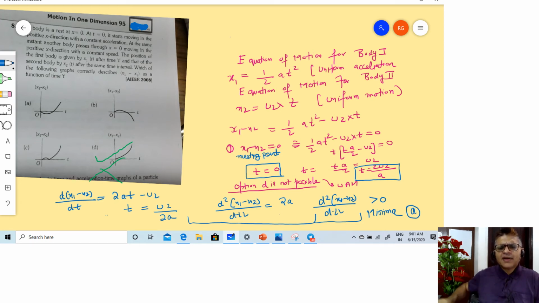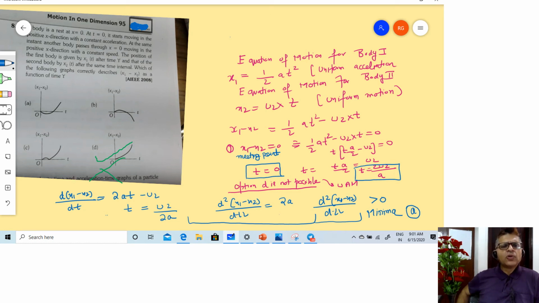And what I find there is that the double derivative comes out to be 2a, and a has been given to be a constant acceleration, which I believe means constant positive acceleration.